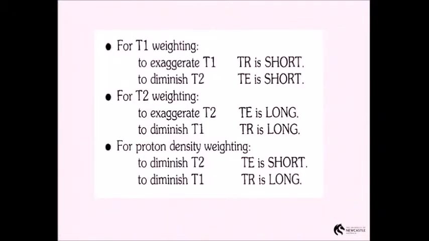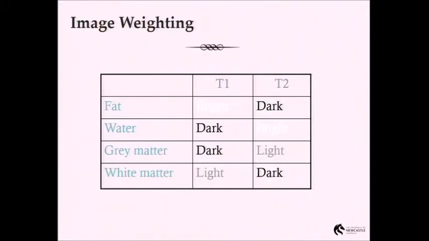That slide is the one that will tell you all the information that you'll need to get through the course. It's talking about what we do for T1 weighted, what we do for T2, what we do for proton density. And again, just giving you some ideas about how different tissues look on different sequences. Fat, bright on T1, dark on T2, etc.